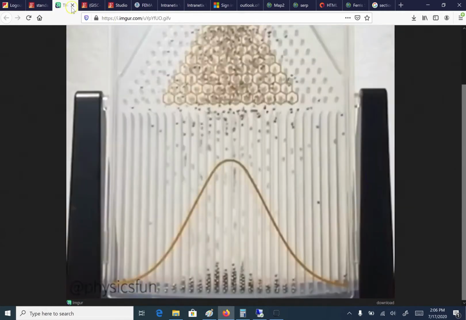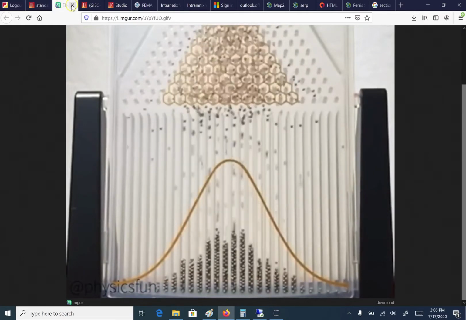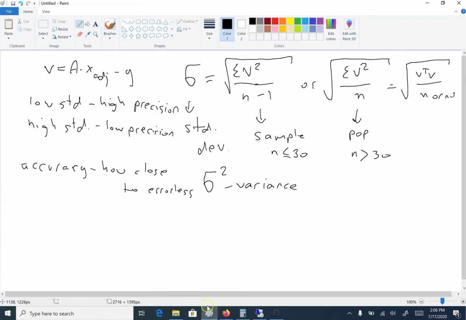Well, let's take a look at this Gaussian distribution. If a distribution is Gaussian, it looks like a bell curve distribution.